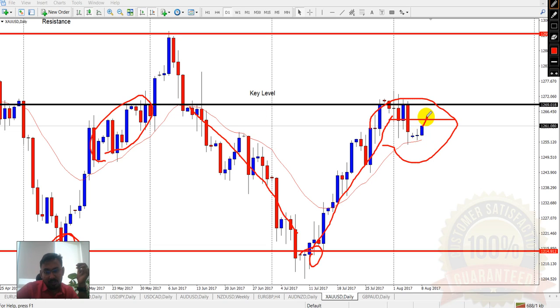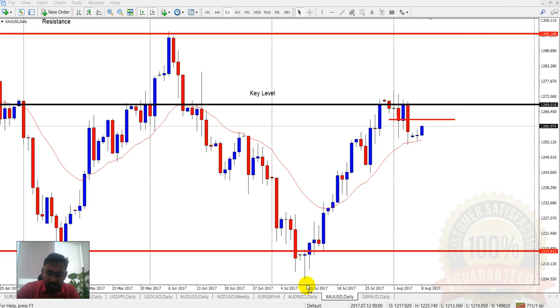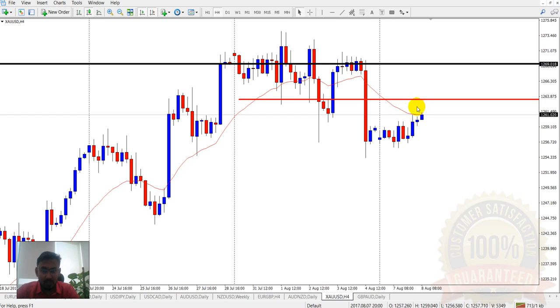So I do see area to go short, and then once market drop, I'll become a buyer. So I'm looking at congestion. Then once it's done, then price will bleed up to this level. So not so soon. That's the message for gold, and I don't see any opportunity to go short at the moment. I'm looking at this area.